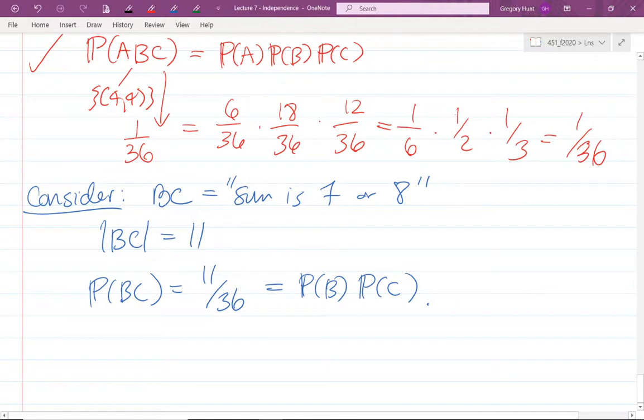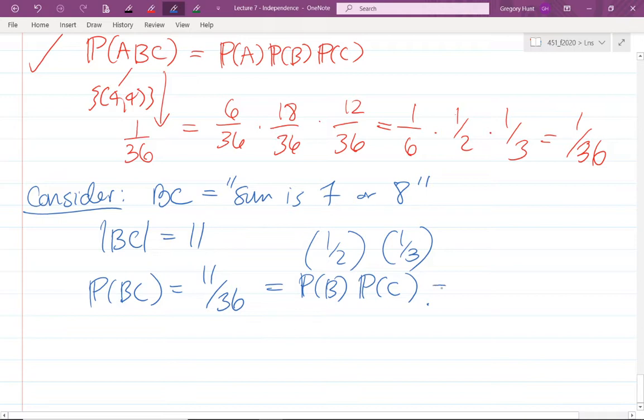So can I point out something that might be a sign this is not going to work out? 11's prime. We're going to have to factor that. That seems like it's not going to work well. And indeed, we know that the probability of B is 1/2, and the probability of C is 1/3.